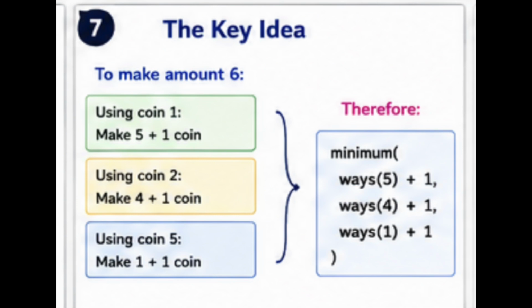If the last coin is 5, we first make 1 and then add 1 more coin of value 5. In total, it makes 6. Since we are looking for the fewest coins, we calculate all these possibilities and take the minimum. This is the main idea behind the solution. At this point, I would recommend to write all these possible combinations and whatever solution you are understanding, so that it will help you in the next slides.